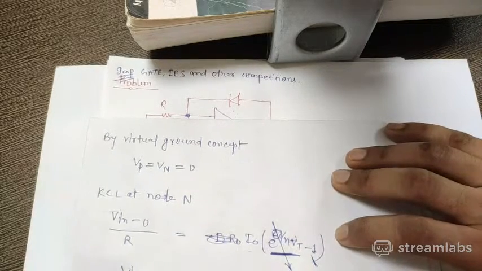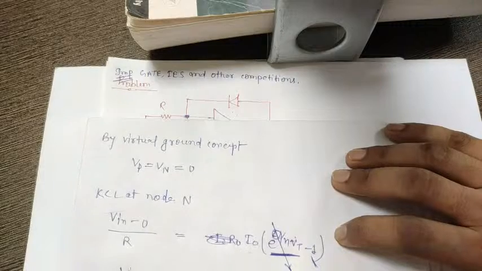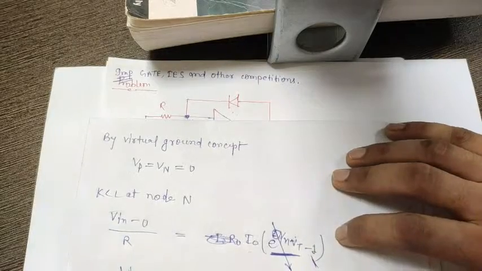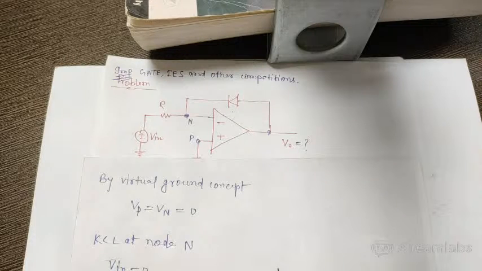So Vin upon R equal to I0 minus of I0, and Vin equal to -I0 into R. वी इन का तो रिलेशन मिला बट वी नॉट पे तो कुछ नहीं मिला. So Vin will be equal to minus I naught into R. Okay.